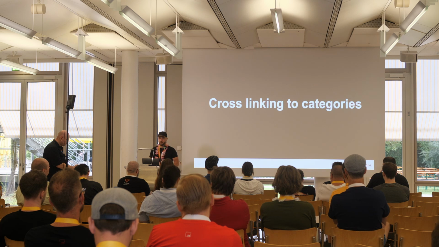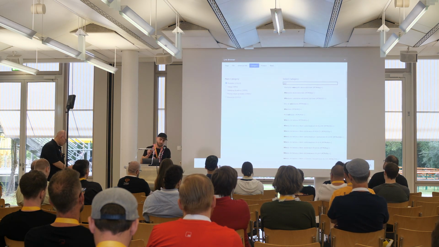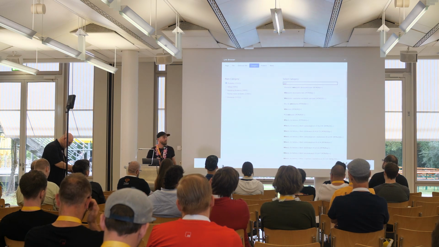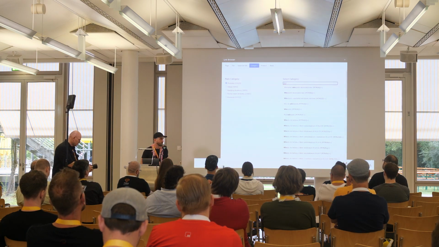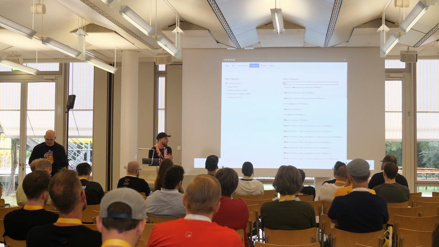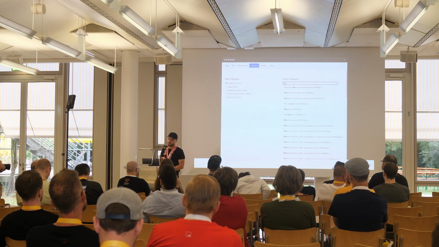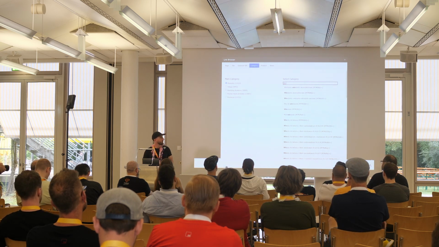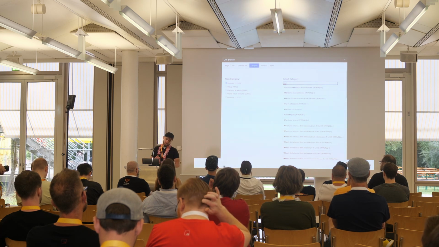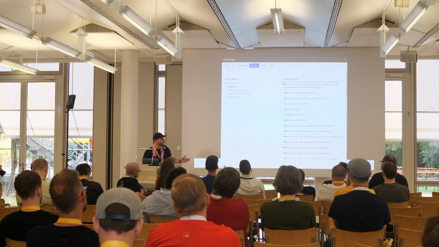Another thing is cross-linking to categories. Those are actually Magento categories, not TYPO3 categories. So that is a link browser, a link wizard. You can choose the main category in the e-commerce system and then look for it using this search integrated with Magento, which allows you to cross-link to a category.